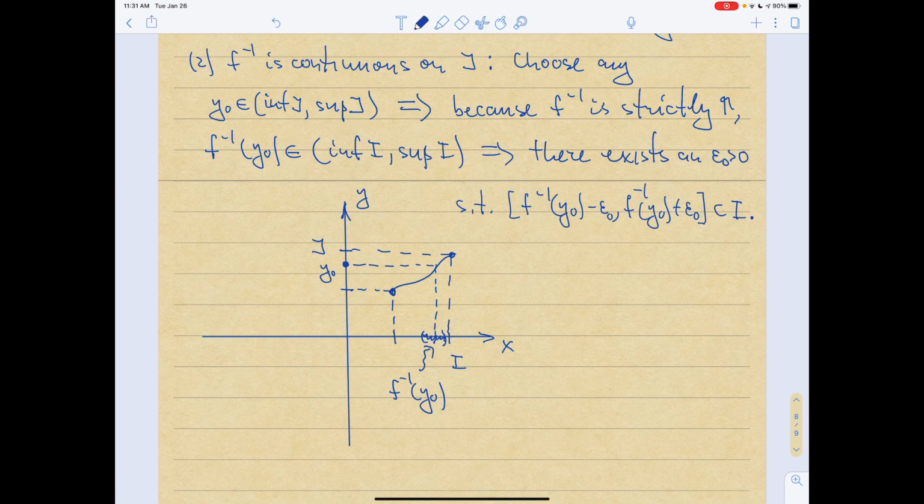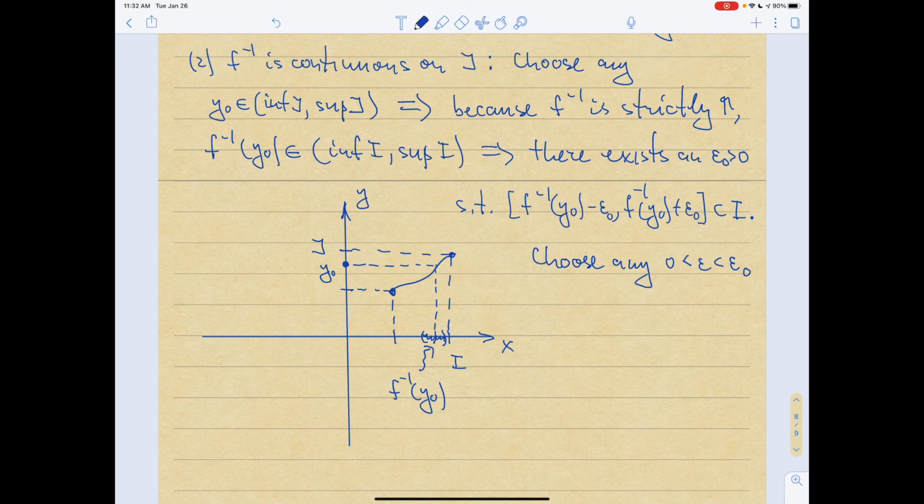So we're going to just use epsilons that are smaller than epsilon 0. So choose any epsilon which is greater than 0 and less than epsilon 0, and I want to find the corresponding delta.